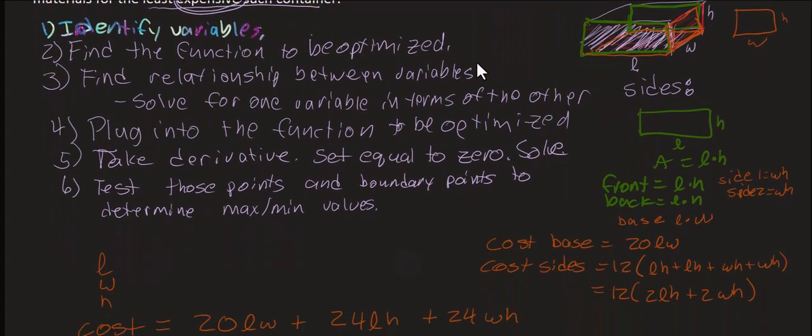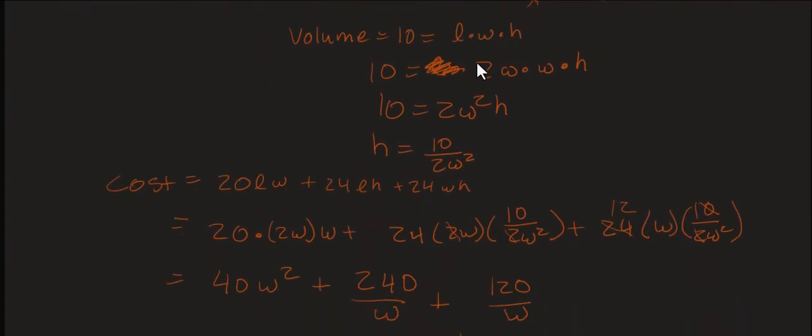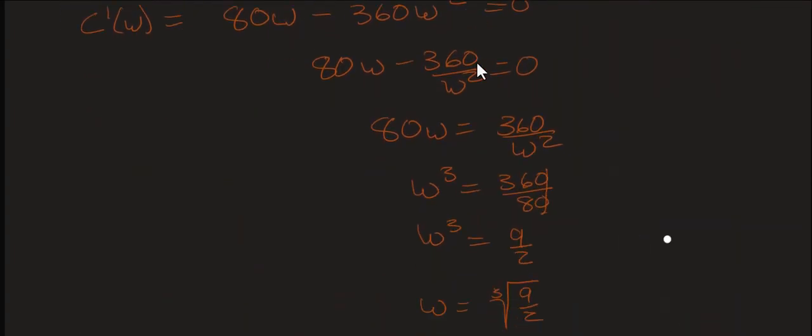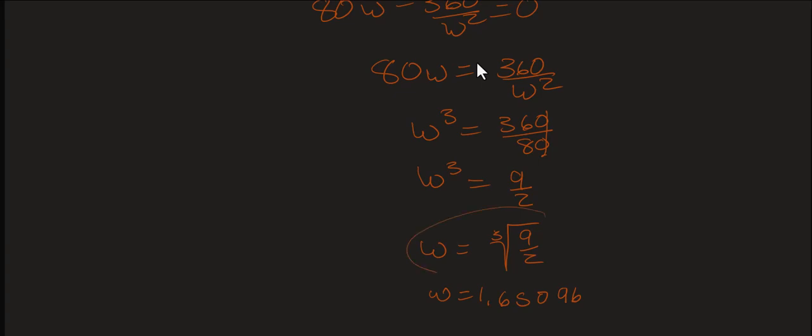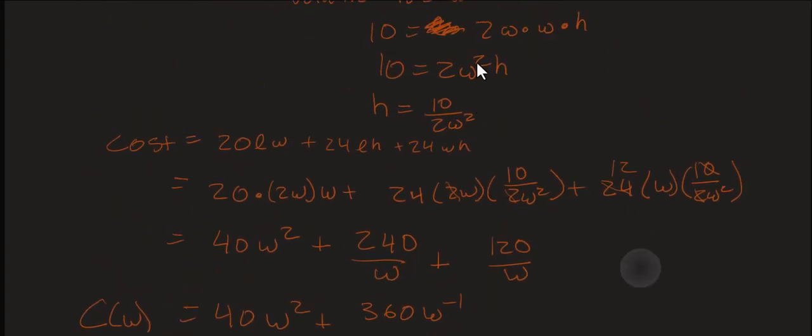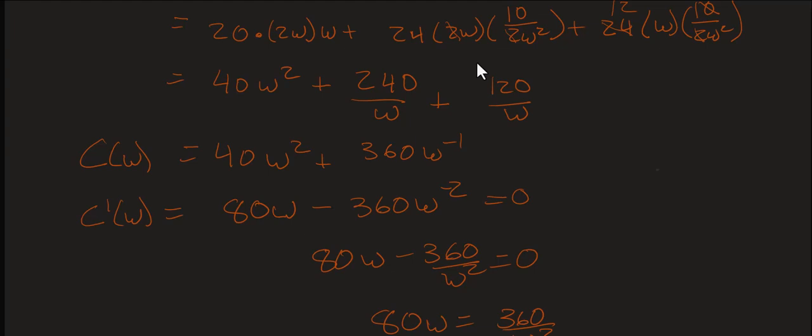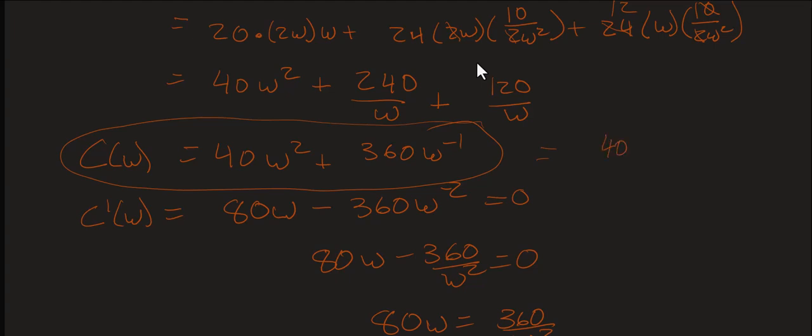Find the cost of materials. So I need to take this number and plug it into my cost function. My answer is going to be 40 times the cube root of 9 halves squared plus 360 over the cube root of 9 halves, whatever that is, if I didn't make any mistakes.